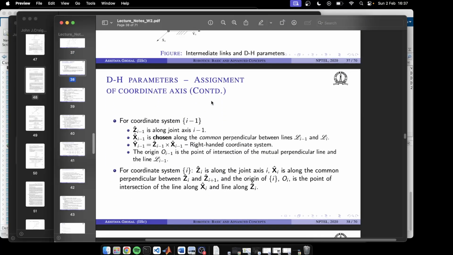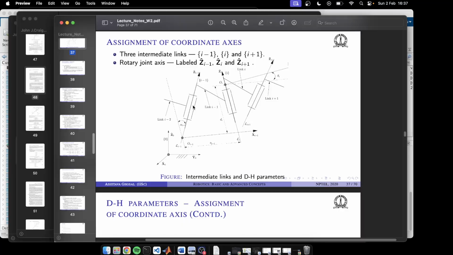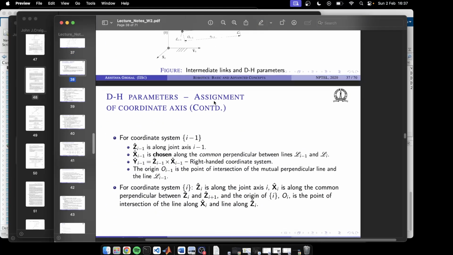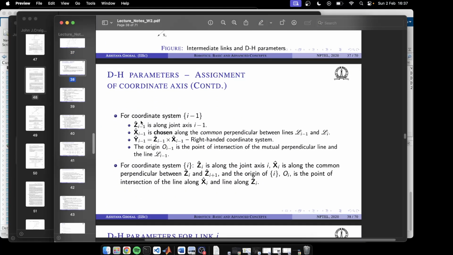Okay, so we have a system in which multiple links and joints are there, and first we have to attach frames, and there is a specific convention for attaching frames, right? So for coordinate system I minus 1, that is frame I minus 1, we attach the z axis along the joint axis.